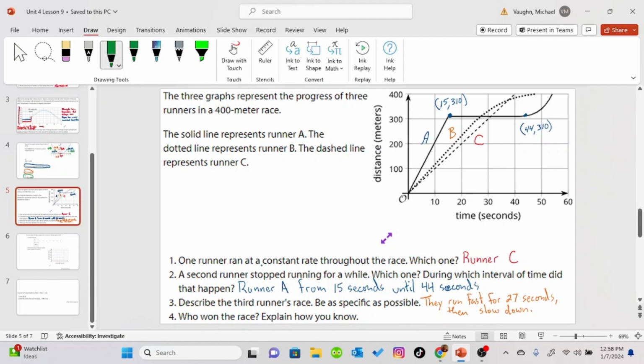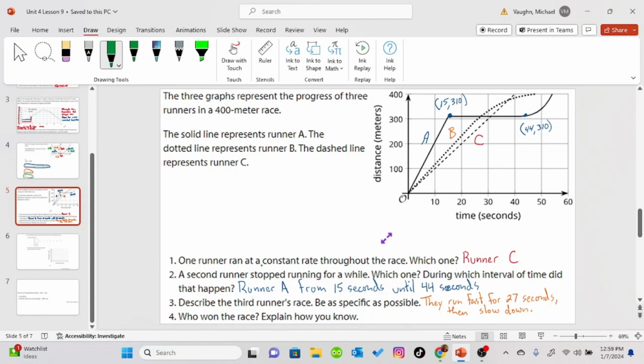And finally, number 4, who won the race? Explain how we know. In races, you win when you complete the distance in the least amount of time possible. The x-axis is measuring the time.